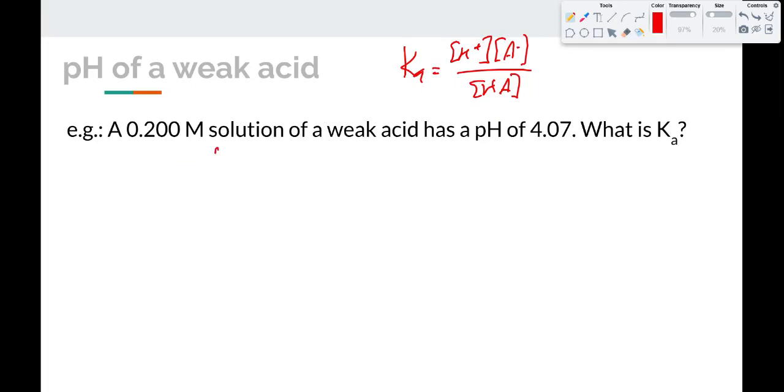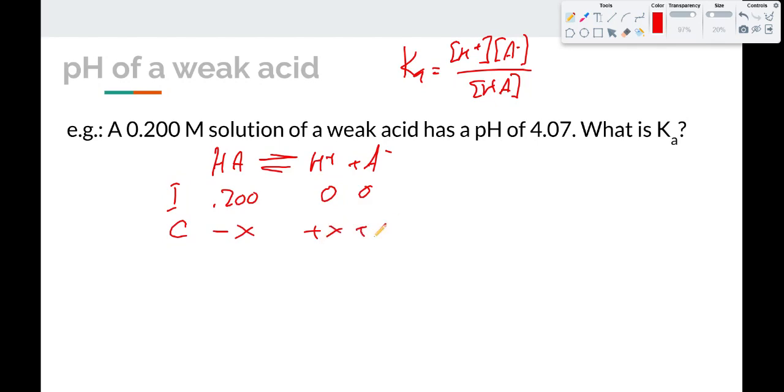Let's set up a RICE chart for this generic acid, HA, in equilibrium with H+ and A-. Initial concentration, 0.200 molar. These are both zeros. The change, it's all one-to-one stoichiometry. At equilibrium, this is going to be 0.200 minus X. This will be X and this will be X.